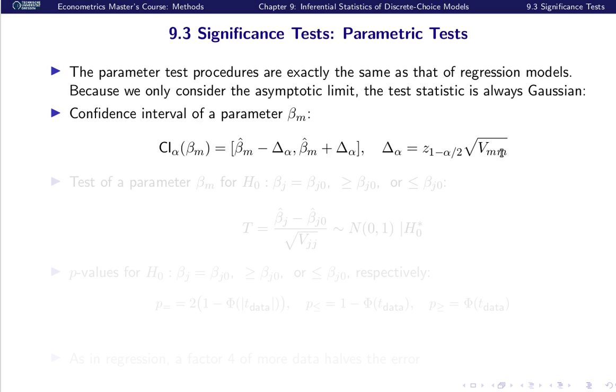That means as though it is the true error. That's why we could use the Gaussian Z and not the student t distribution t. So that is the confidence interval.